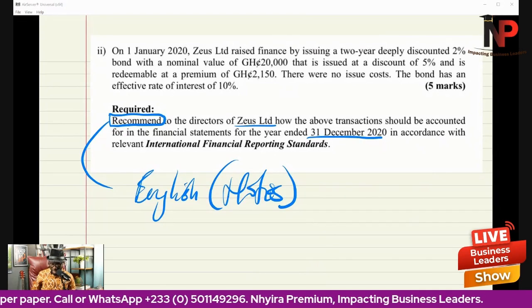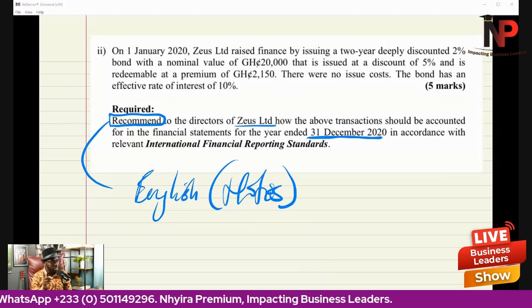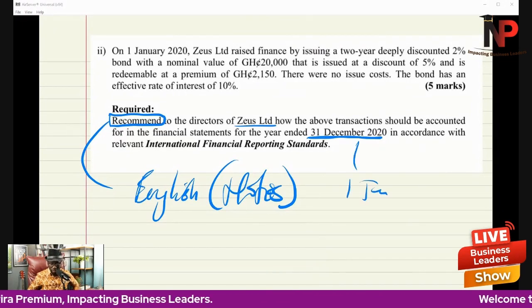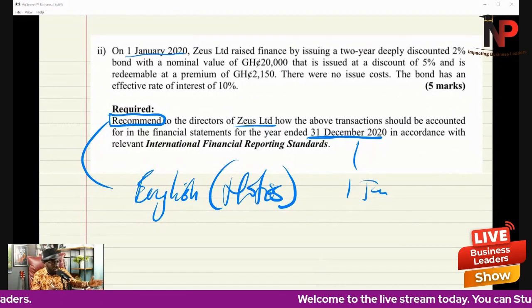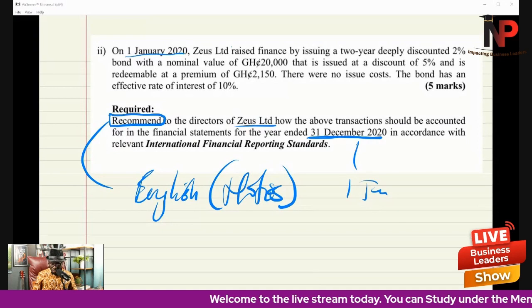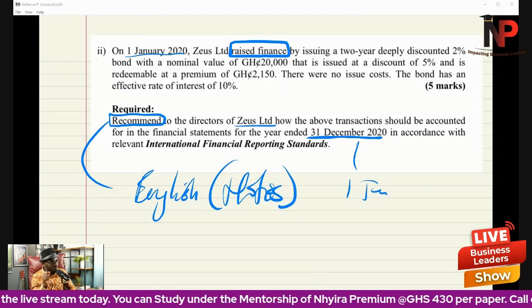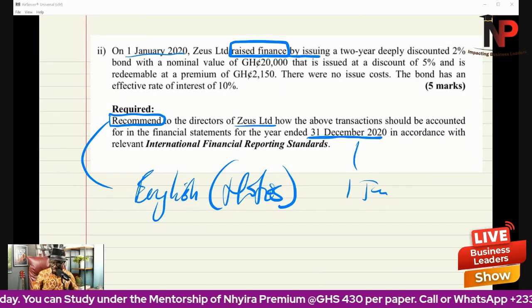Now, if the year ended is 31st December, meaning the year starts on where? 1st January. So let's go. On 1st January 2020, which is the beginning of the year, Zeus raised finance. Did you hear that? Zeus raised finance by issuing.